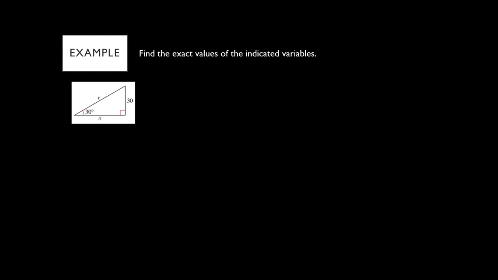So let's start with finding R. So R is our hypotenuse, and we want to use our known side and our known angle. So this would be the opposite side from the angle and then our hypotenuse. So opposite and hypotenuse is sine.